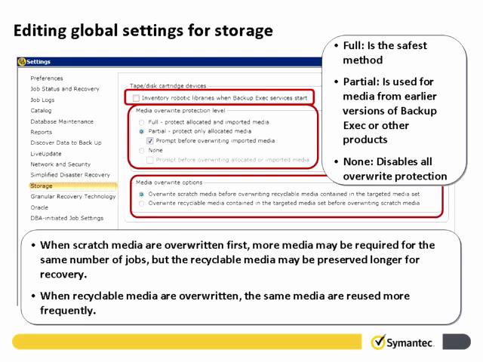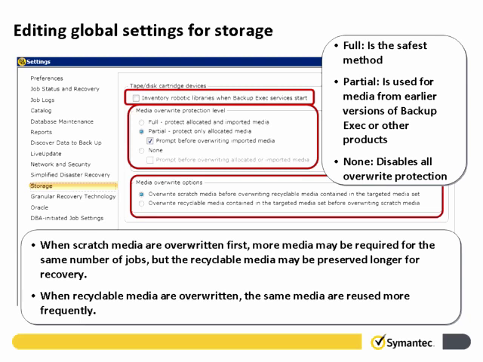The bottom part of this is very, very important, and this has to do with where do we go to look for tapes when we need it first. The default is to overwrite scratch media first. It's recommended that you change that default to overwrite recyclable first.